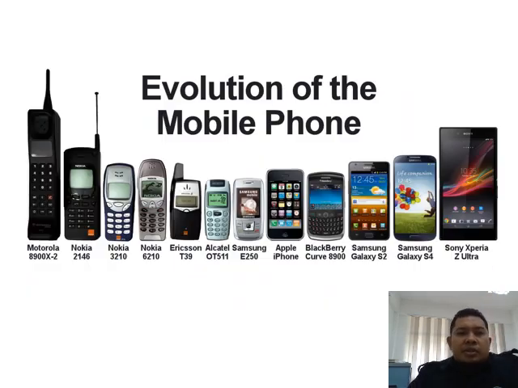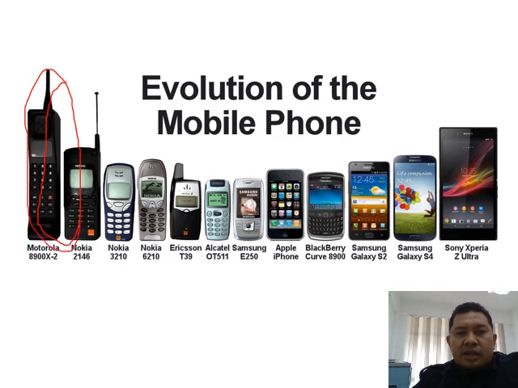Then, of course, your phone. Okay, this little baby over here is very heavy. Yeah, it's like 1 or 2 kilos. People used this phone and then brought the whole battery with them. The whole battery is like the lead battery in your car, for example. Almost the same size. Okay, nowadays we use this one.